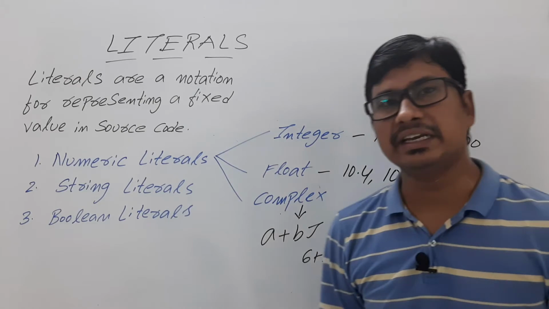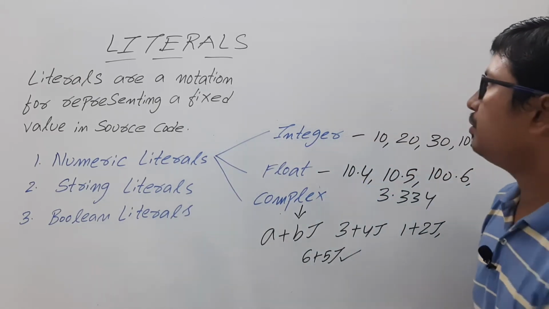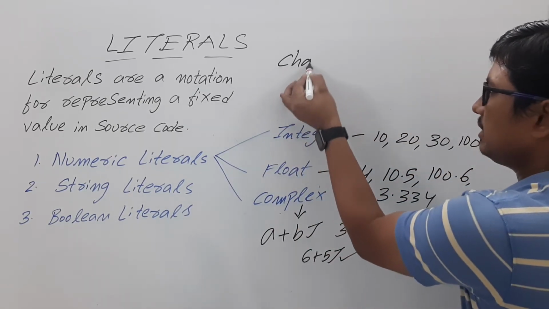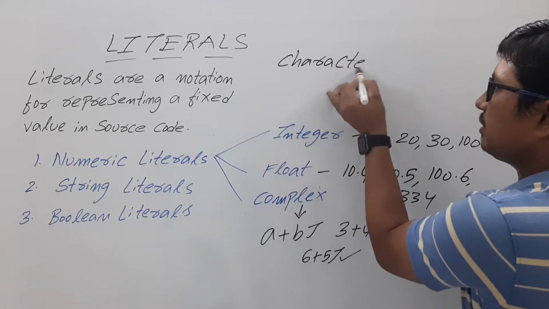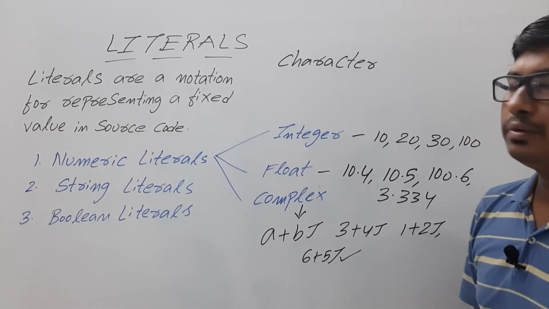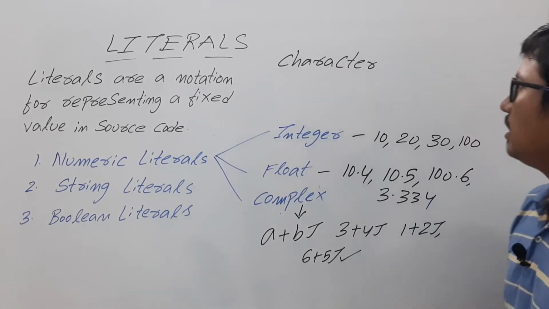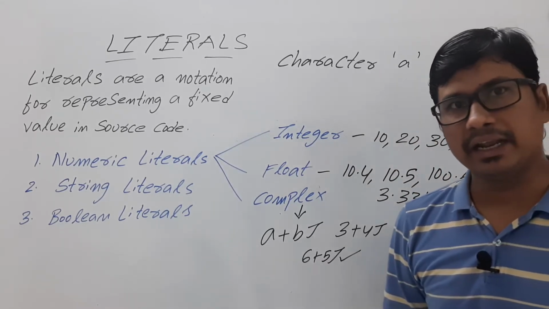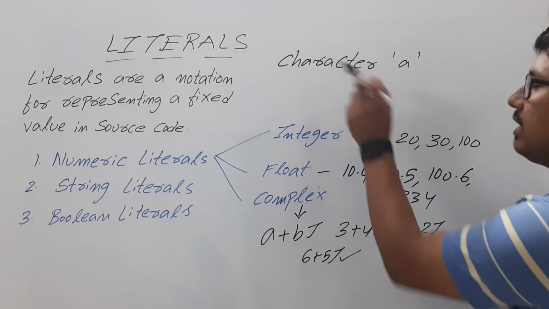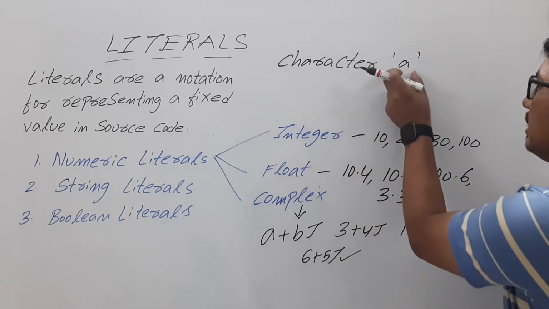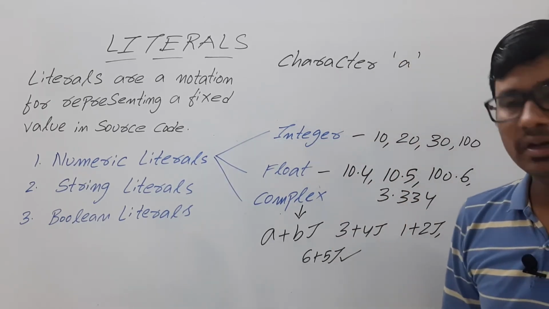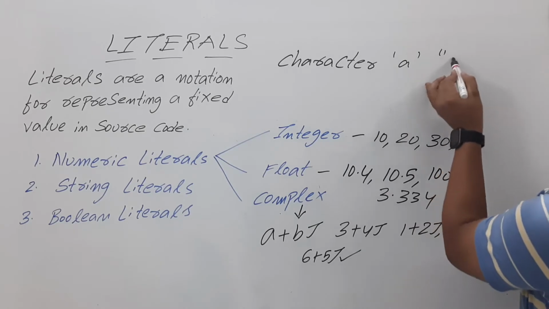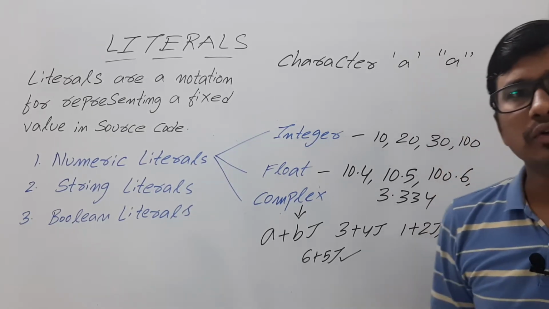Now coming to the string literals, we have a character and we have the string. Now in the C language, the character will be represented in a single quote. Here we can represent the character in Python in a single quote, or even we can represent it in a double quote also. Not a problem.